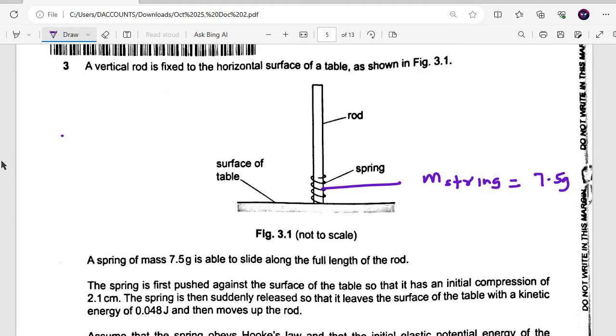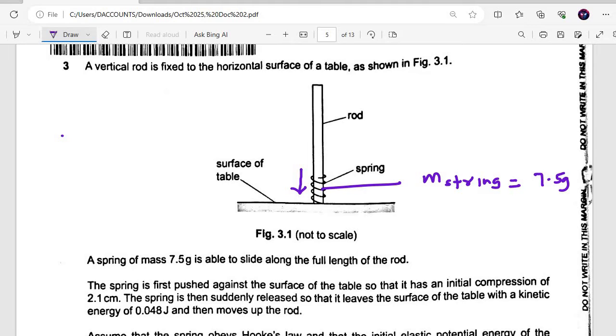So the spring is first pushed against the surface of the table like this. They push the spring against the surface of the table with an initial compression.